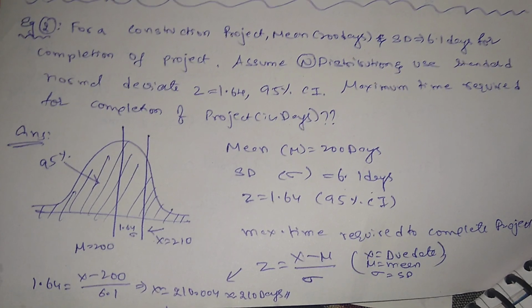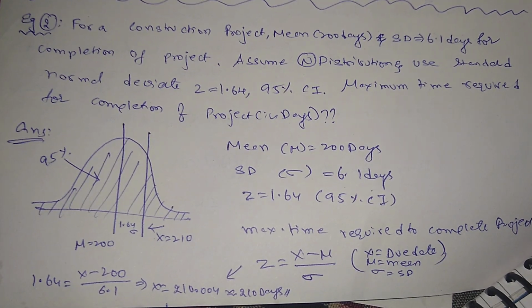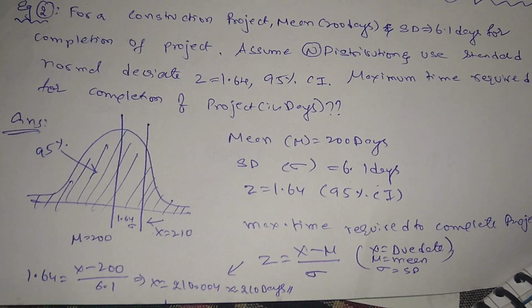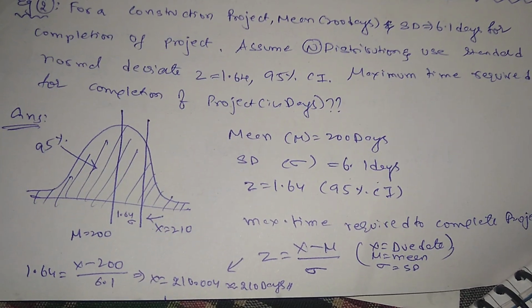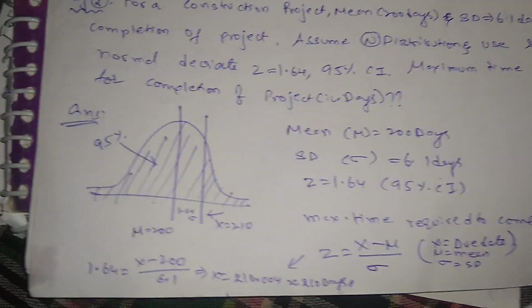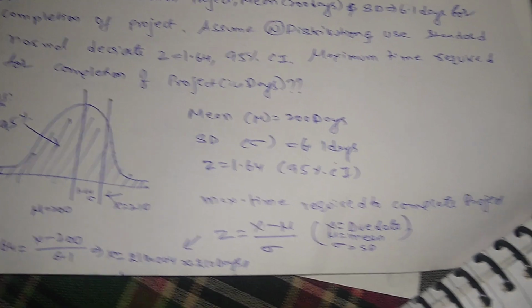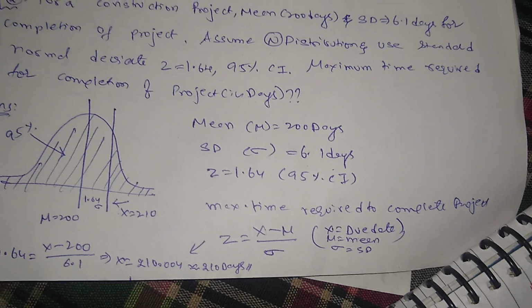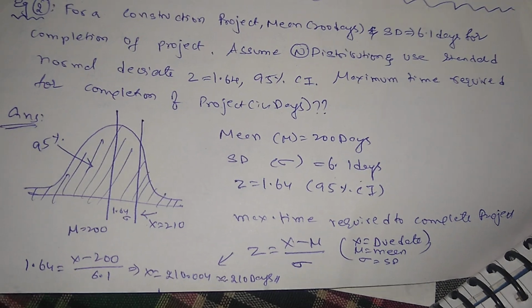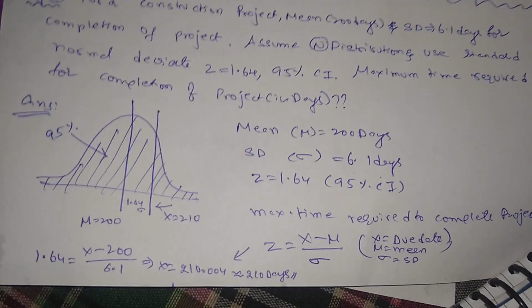The maximum time required for completion of the project in days is equal to: we know the mean is already 200 days, the standard deviation is 6.1 days, and the Z score is 1.64 in the 95% confidence interval, assuming a normal probability curve. So the maximum time required to complete the project: Z is equal to X minus mu divided by standard deviation. If we substitute the values in this, we get X equal to 210 days.